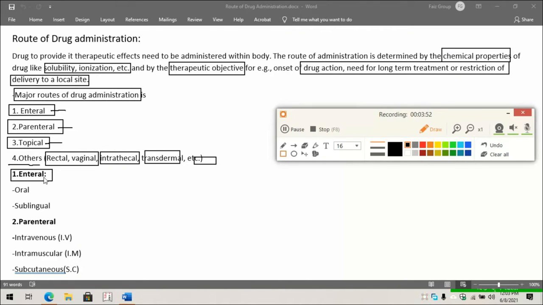If we are placing the drug under the tongue, not above the tongue, under the tongue, that is sublingual. Suppose this is our tongue, these are teeth, and if we are placing it here under the tongue, then it is sublingual.